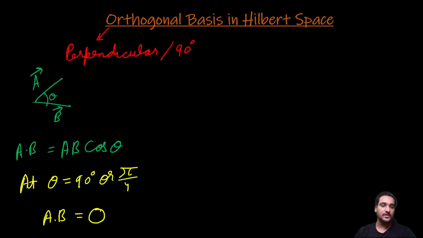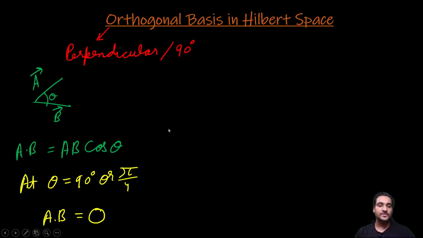If we see two vectors, vector A and vector B, with the angle theta, then the dot product A dot B is AB cos theta. We know it from our classical mathematics. If the angle is 90 degrees or pi by 2, then we can easily see that cos theta will be equal to 0 and A dot B will be 0.